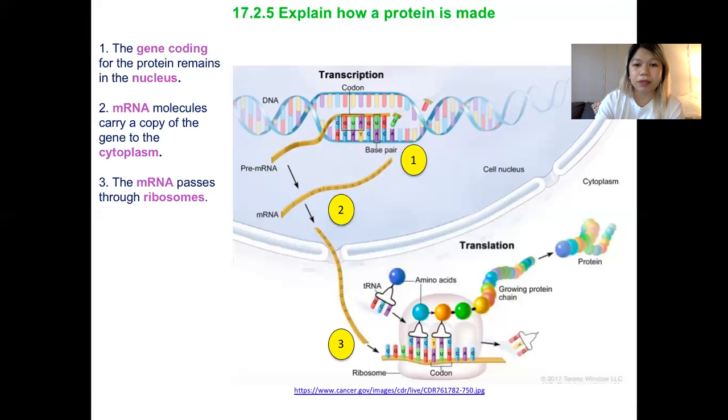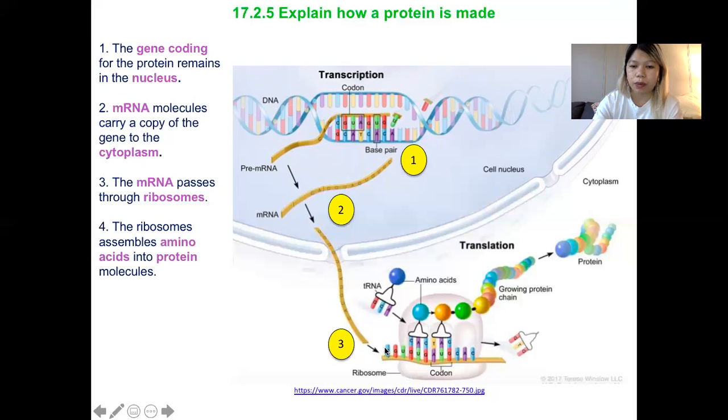Once it gets to the ribosome, it's step number 3, okay? Remember, all the mRNA has the pegs coming off of them. It passes through the ribosome, and as it's passing through with each of its bases, a different type of RNA called a tRNA that carries a certain type of amino acid, depending on the 3 bases it has, will bring over the amino acid and start linking them up together to make a protein structure.